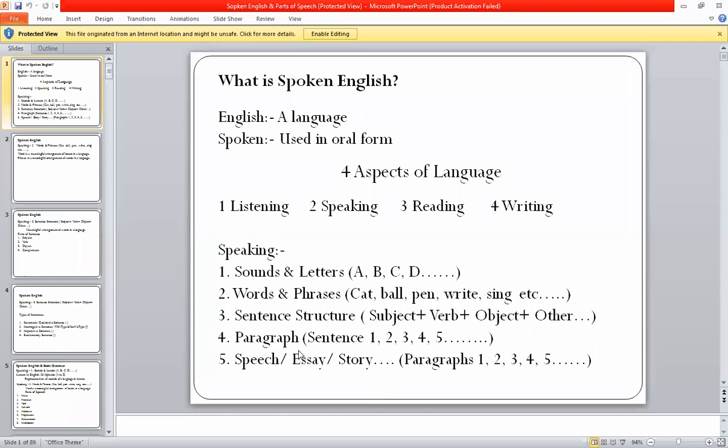And a paragraph is a larger unit of sentences. When we write one sentence after another, that makes a paragraph. So a paragraph is formed with the combination of sentences.